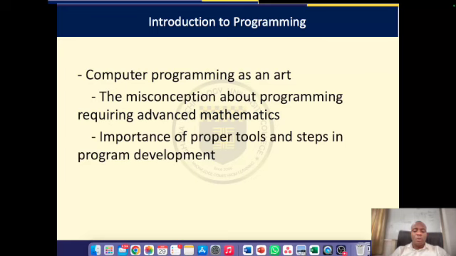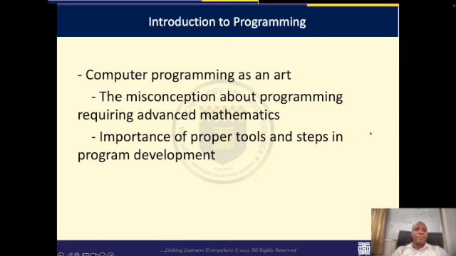So, to be able to write correct programs, you should not just be looking at being able to churn out figures and being too technical. There is the need for you to use the right tools and steps in program development. When we talk about the right tools and steps, what are they?